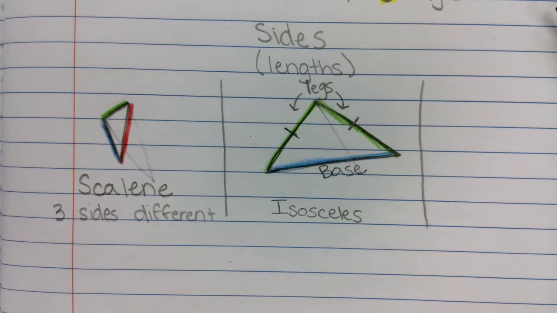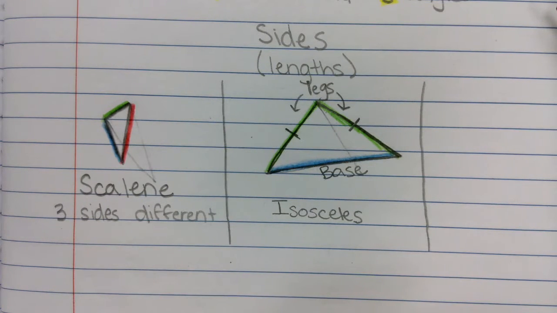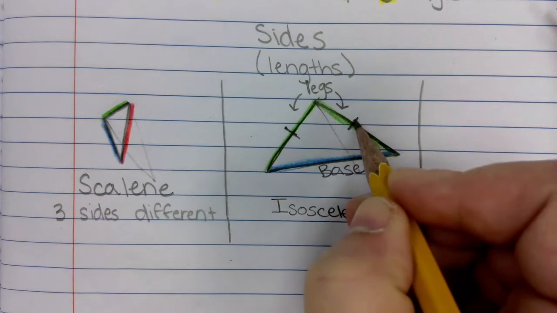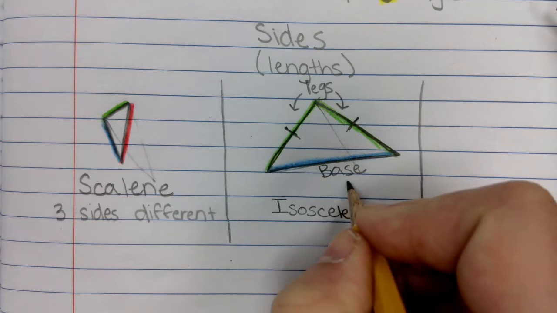One important idea with the isosceles is that idea of which is the base and which are the legs. So if you want to take a moment right now and write a little note to yourself to remind you that the base can move all around, but it's the one that is different. Okay, so it might be on the top, it might be on the side, it might be on the bottom, but the one side that is different from the other two is always the base.